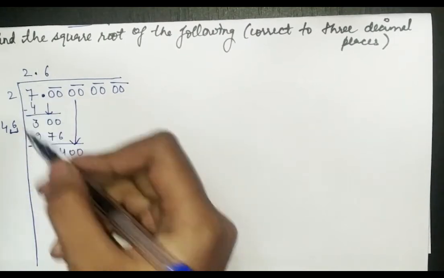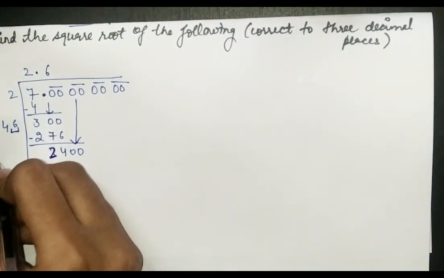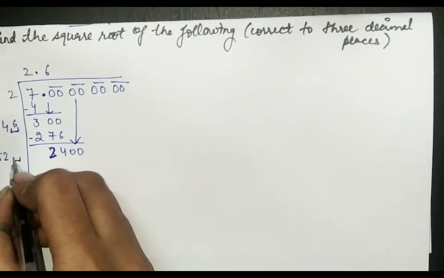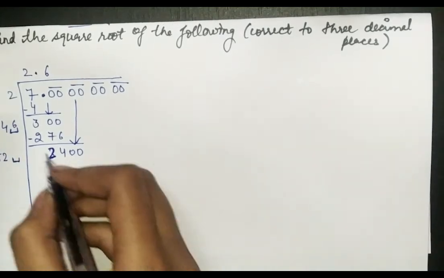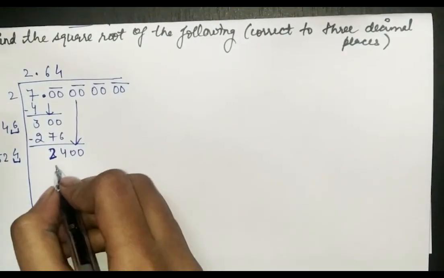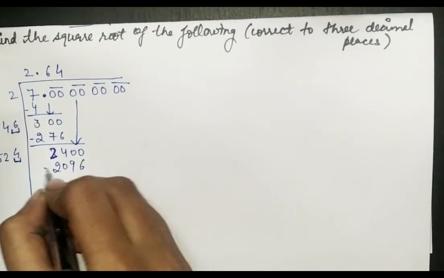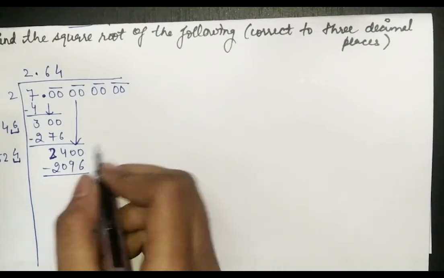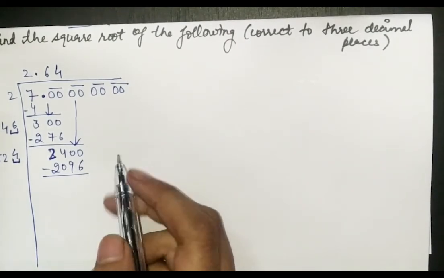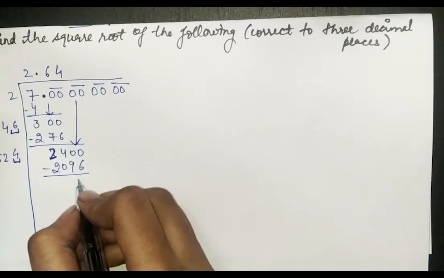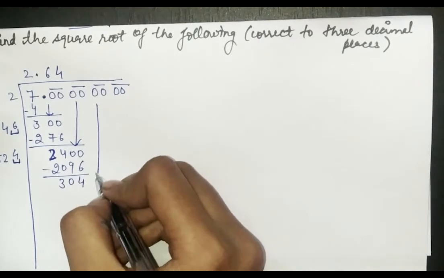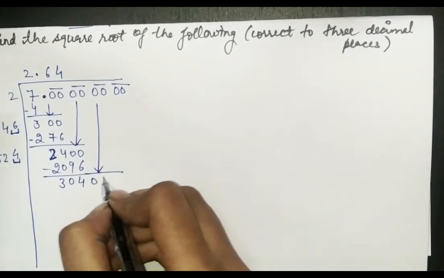Then the double of 26 is 52. Now we want one number so that this will be completely divisible, that will be 4. Then the number will be 2096, and by subtracting that we get 304, and then again 00.